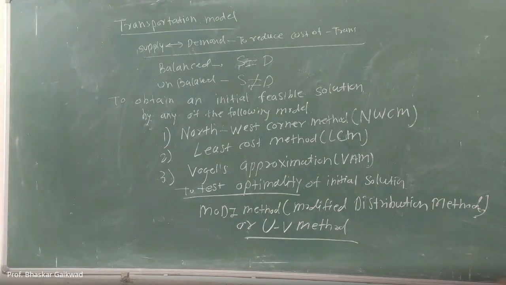MODI means modified distribution method, and it is only used for testing optimality of the given transportation problem. So this is about the transportation model. Now let us go to the numerical problems using the northwest corner method.